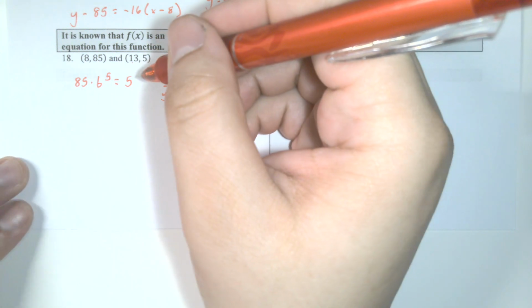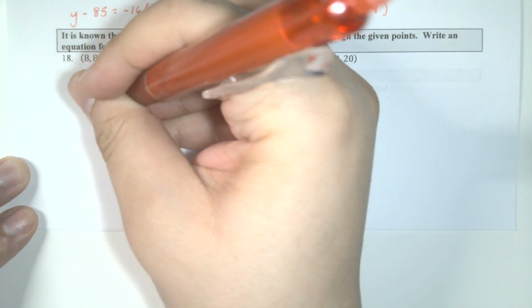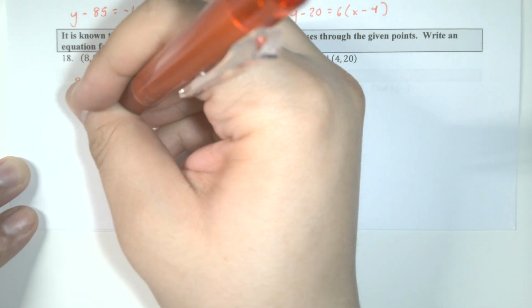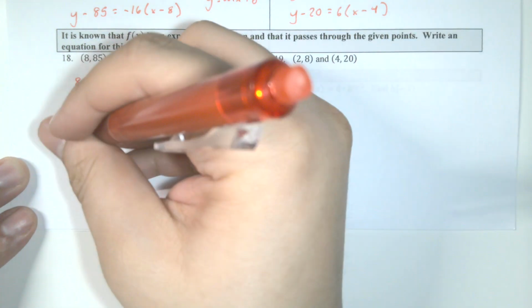So if we set up this equation and solve for b, we're going to divide by 85 on both sides. That's going to give us b to the 5th is equal to 1 divided by, was that 17? I think so. Probably.